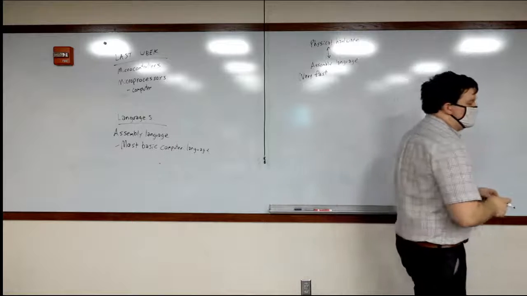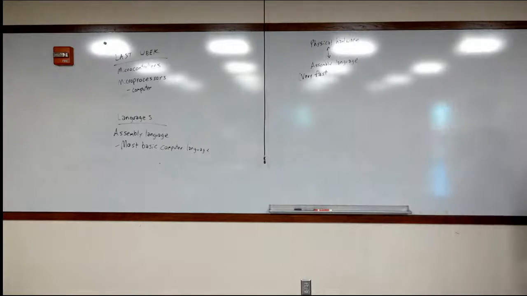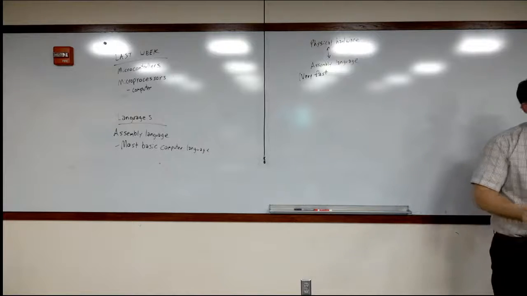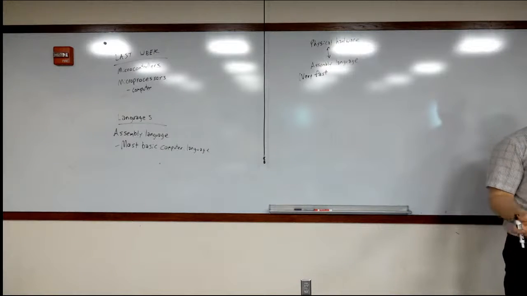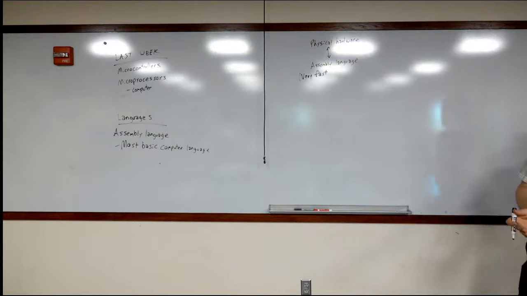Oftentimes, assembly language is a very long code. It takes a lot of code to do anything. It's still very fast, but you may have millions of lines to do a very simple process.